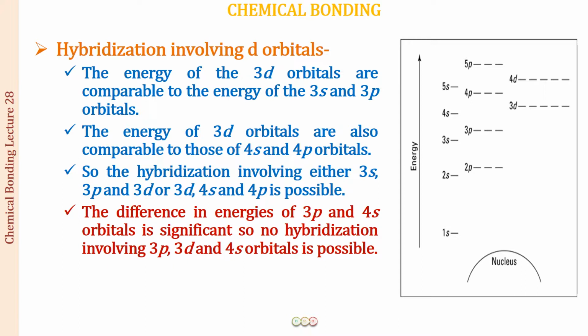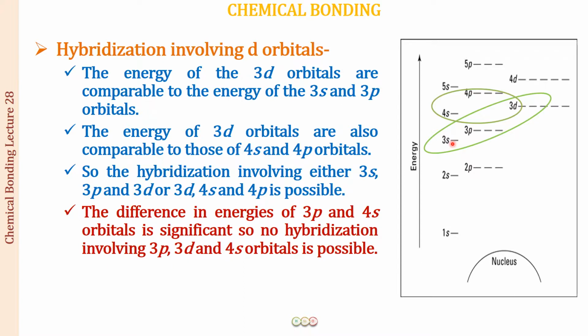Based on this knowledge, what you have to remember is that the energy of the 3d orbitals is comparable to the energy of the 3s orbitals as well as the 3p orbitals. But also, because the 4s orbitals have an energy almost equal to the 3d orbitals, we can say that the energy of the 3d orbitals is also almost equal to the 4s and the 4p orbitals.